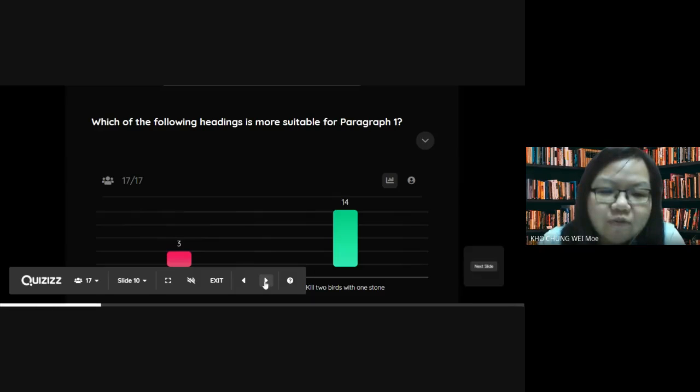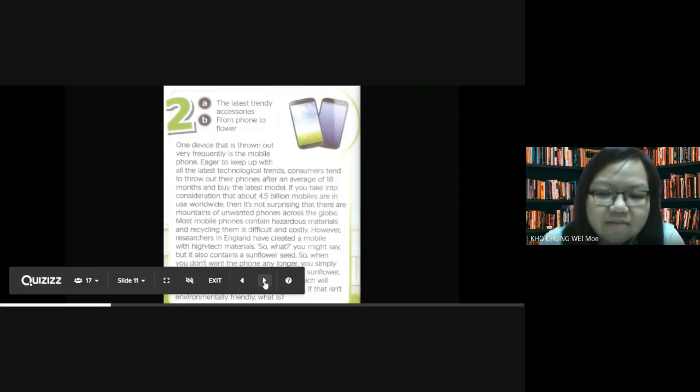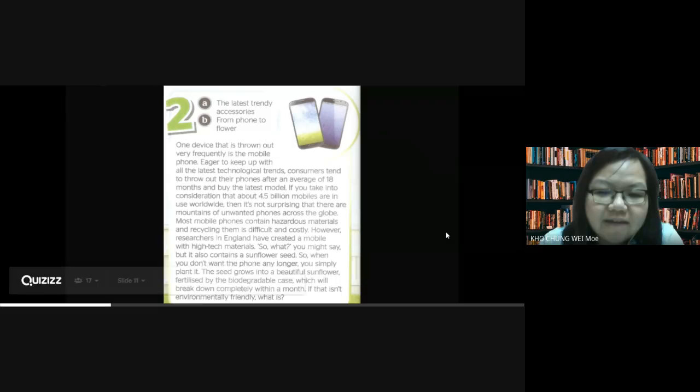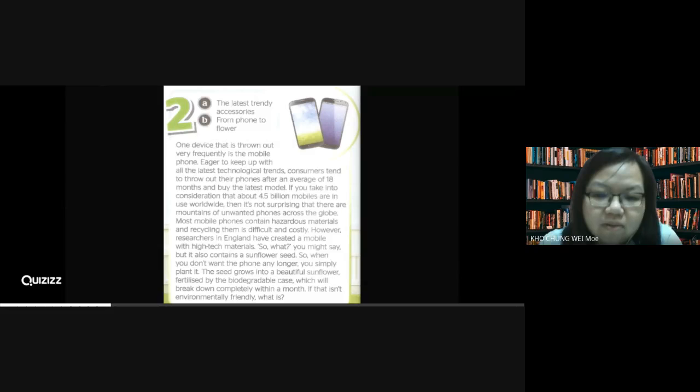Let's move on to the next paragraph. This is the second paragraph. You have the picture of the mobile phone and two titles: the latest trendy accessories, or from phone to flower. Which of these two headings is more suitable? I'll give you a few seconds to go through the text again in case you've forgotten.